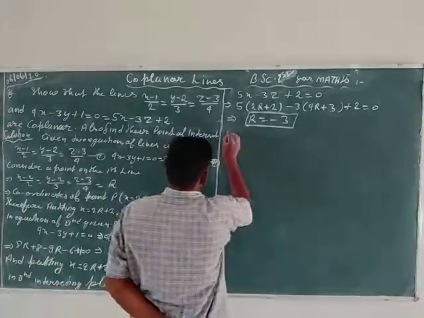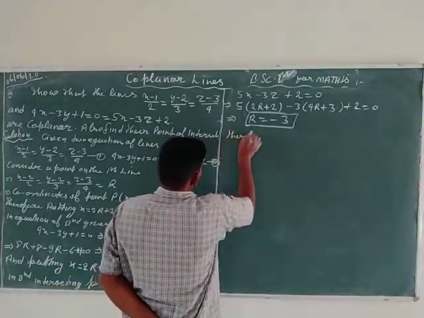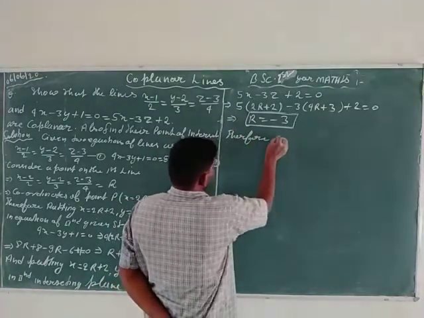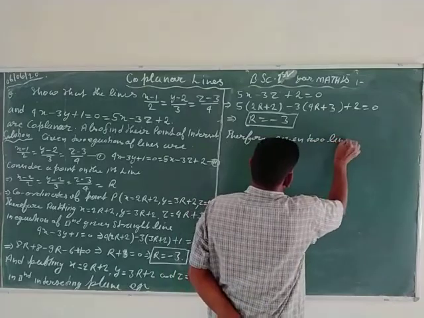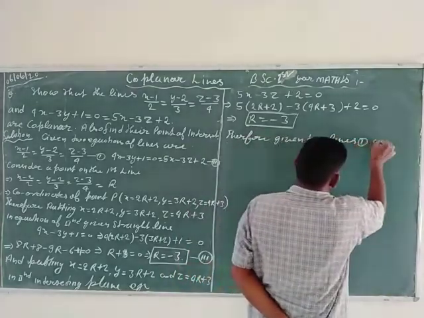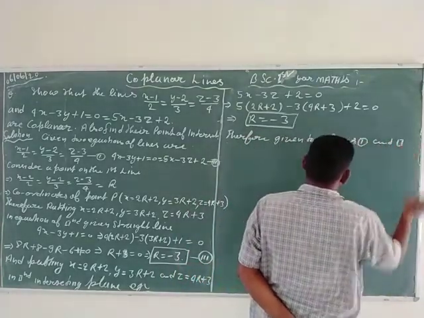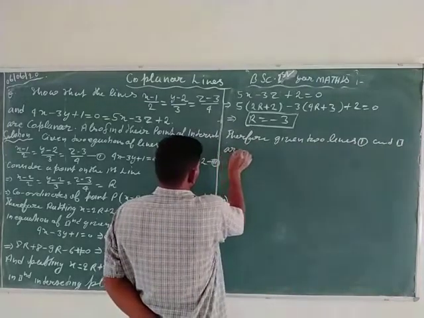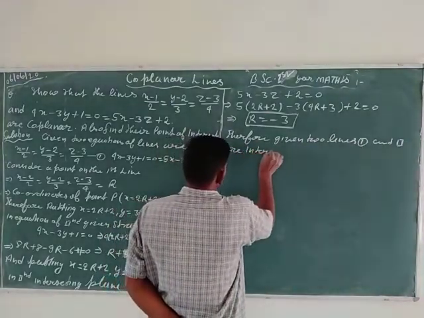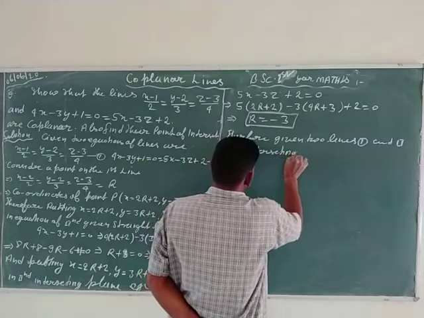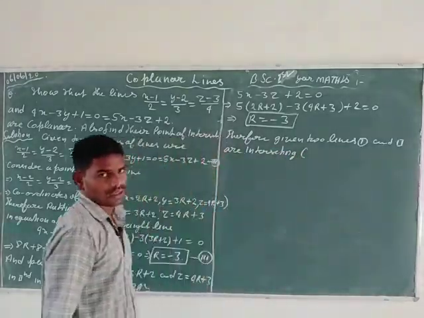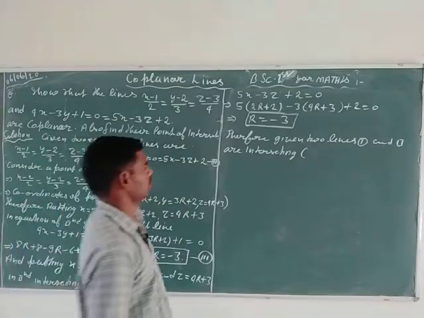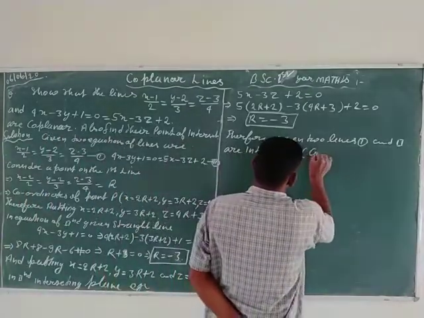Therefore, you can write that the given two lines, first and second, are intersecting, meaning they are coplanar.